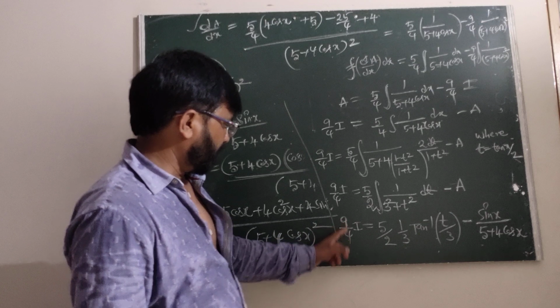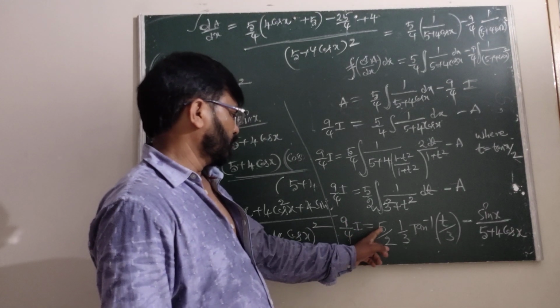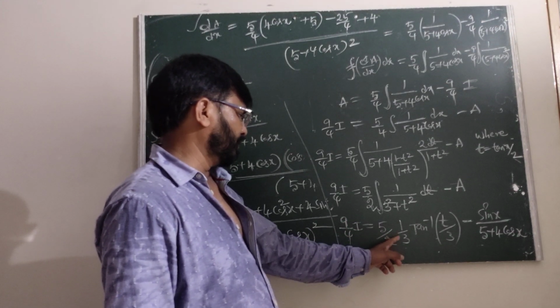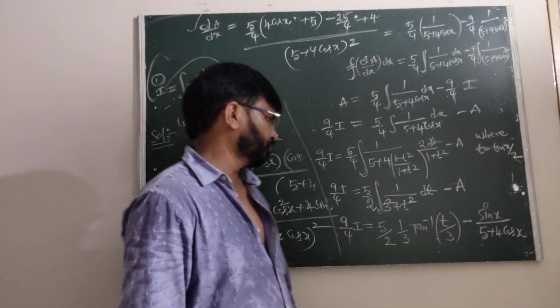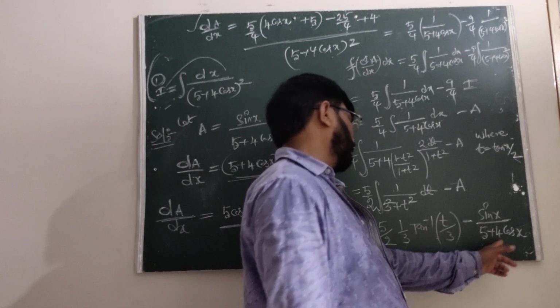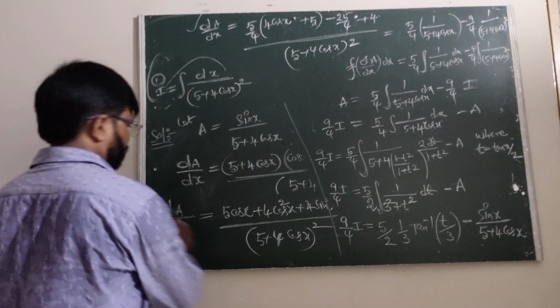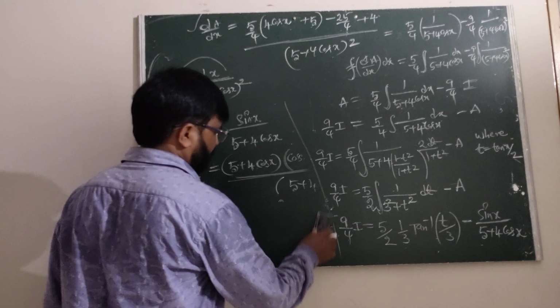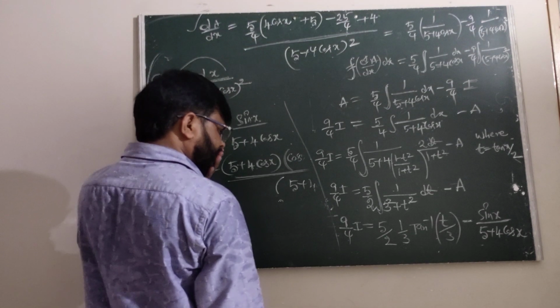Now here 9 by 4 is sent to the other side. Therefore 9 by 4 I equal to 5 by 2 into 1 by 3 tan inverse of t by 3 minus of sin x upon 5 plus 4 cos x. This 9 by 4 is sent to the other side.